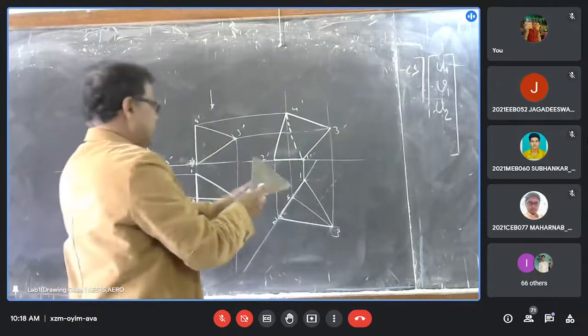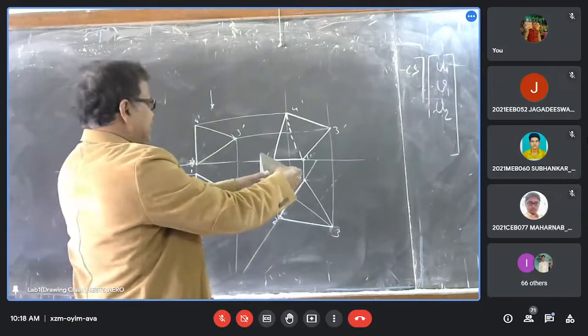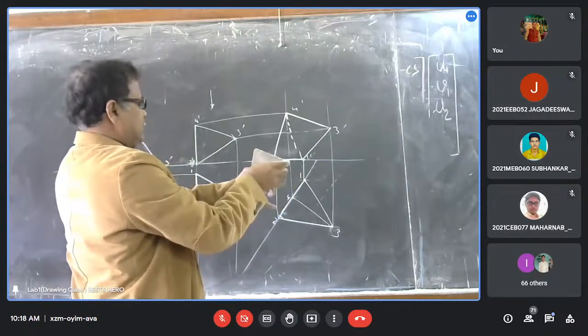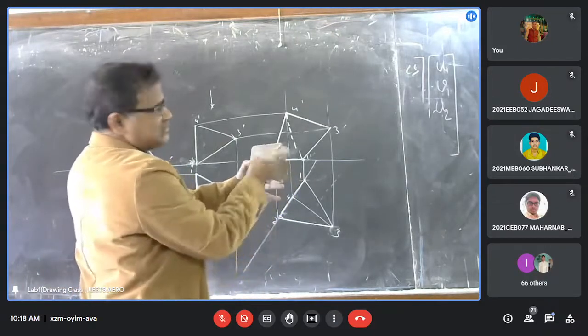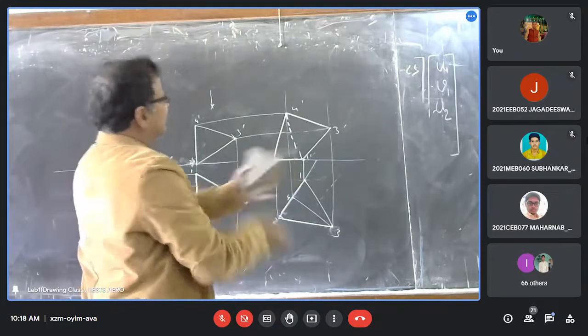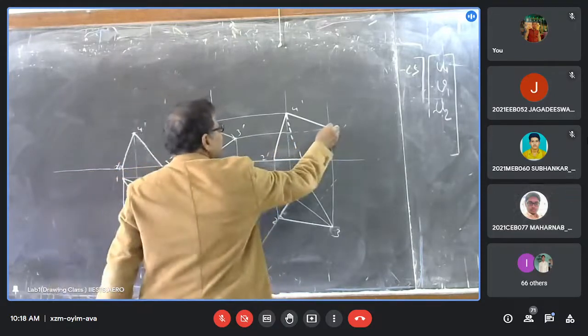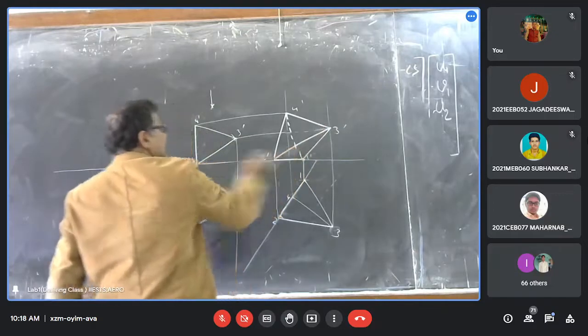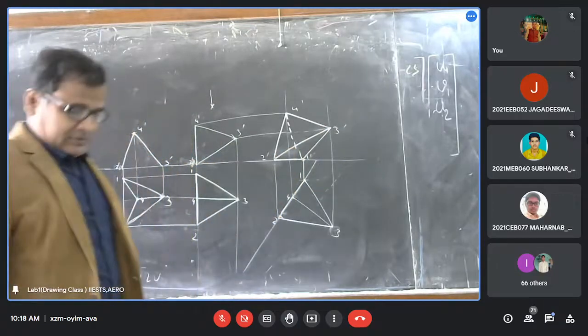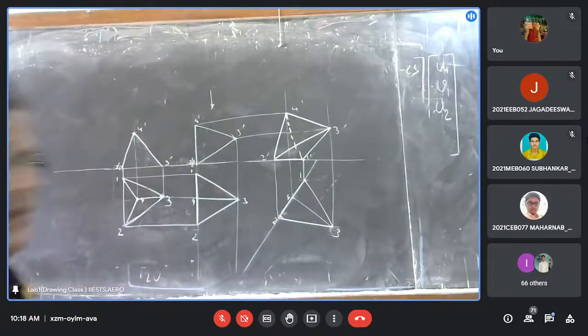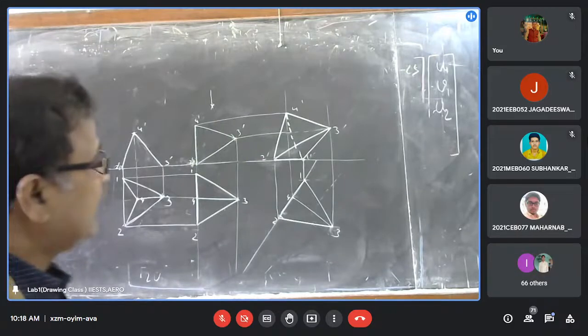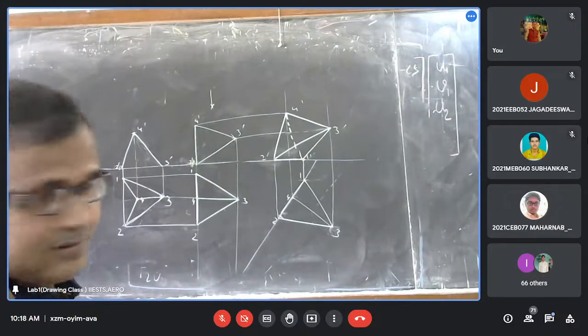You are just rotating like this. Yes. You can see the triangular face, this face. Can you visualize this figure? If rotation is anti-clockwise, then this will be changed.